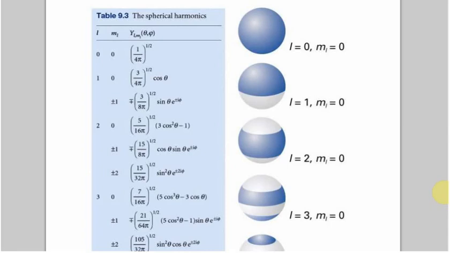If I look at the second one, which says L is equal to 1, m_L is equal to 0, leave the constant, the rest of it is just cos theta. Now the picture that it depicts is that theta is the angle that I am measuring about the z-axis.